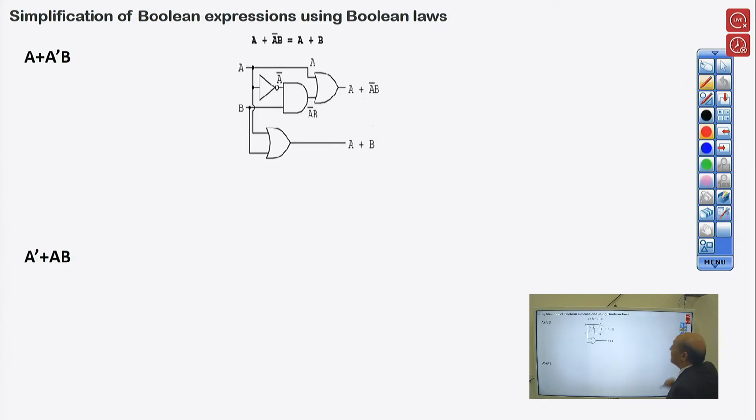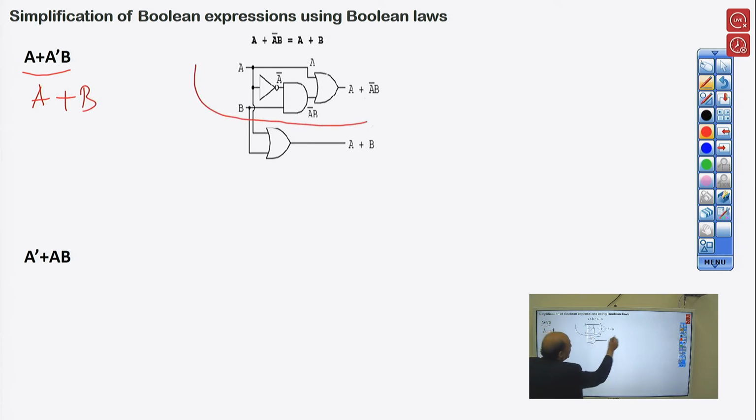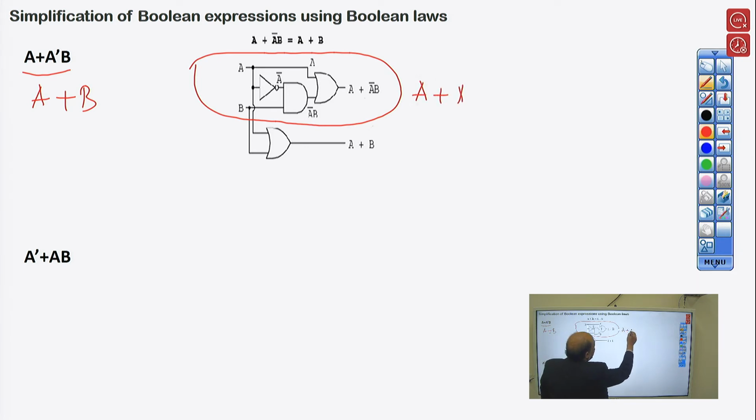Next, simplification of Boolean expressions using the laws of Boolean algebra. For example, if we have A or not A, B, we already know that this equals A or B. We proved that. Do you see this is the circuit here before simplification? Here A or not A, B. And here just A or B, the same.